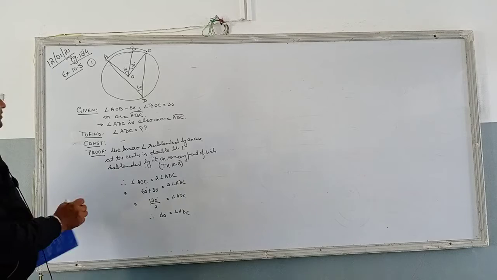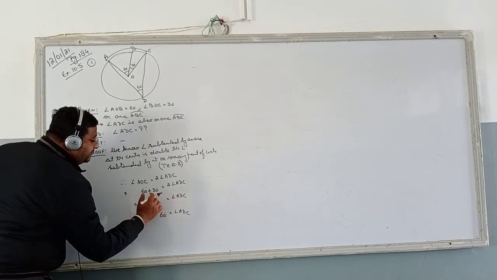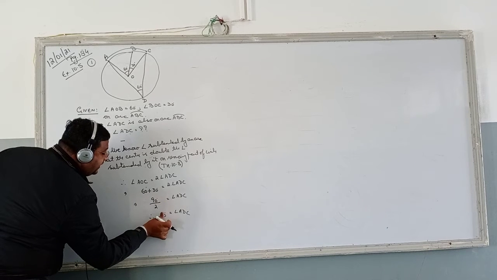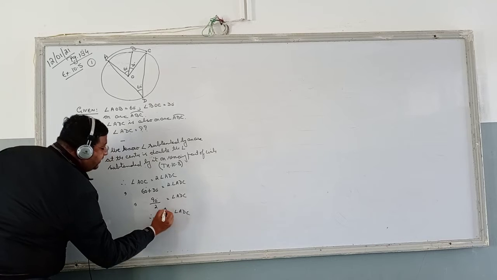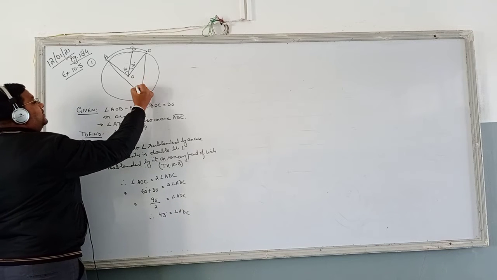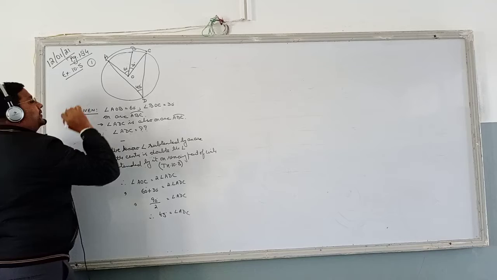Clear? Sorry, 60 plus 30 is 90. I am extremely sorry. So 90 by 2 is 45 degrees. Sorry for the calculation. 45 degrees.